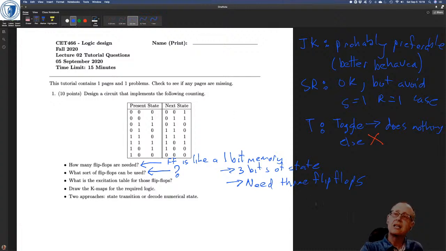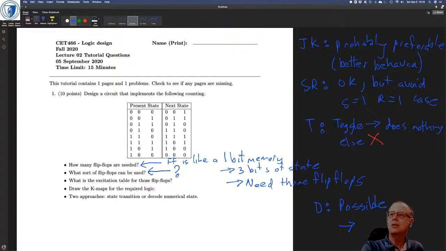I think you could probably get away with a D flip-flop. The only problem with a D flip-flop is I suspect the logic might be more complicated. Because remember, what a D flip-flop does is it just delays the connection between the input and the output. That means you need to form the input appropriately based on what the output is.